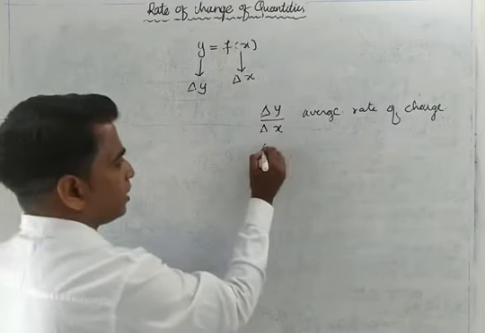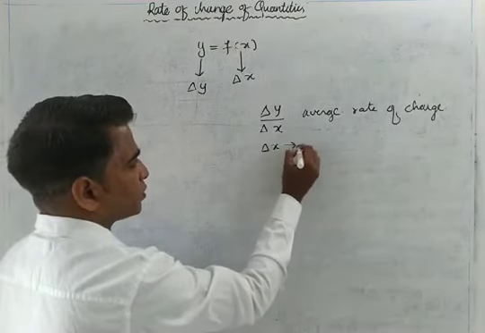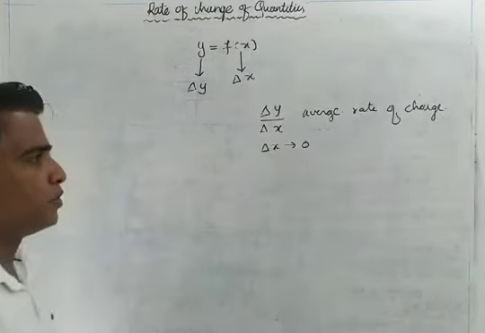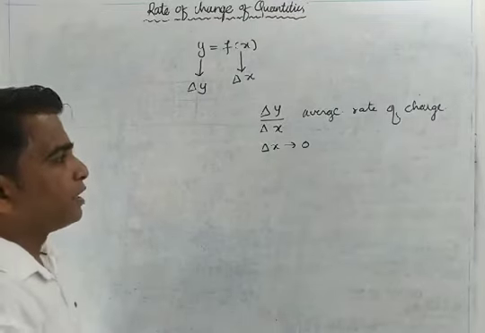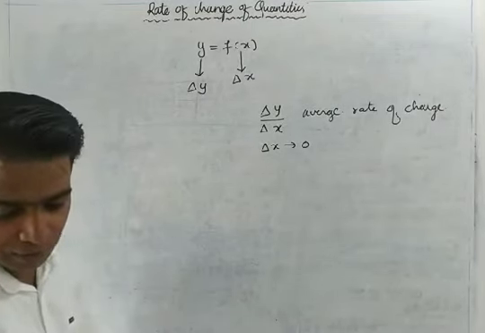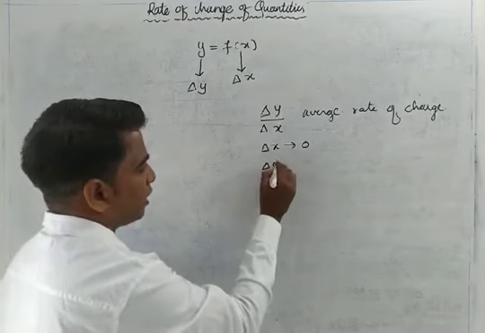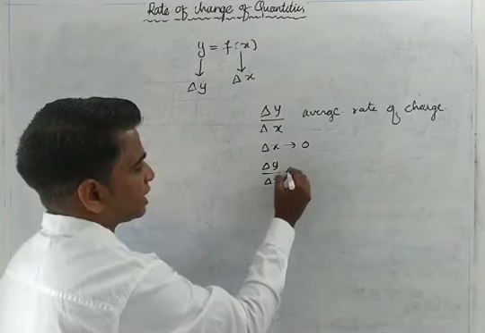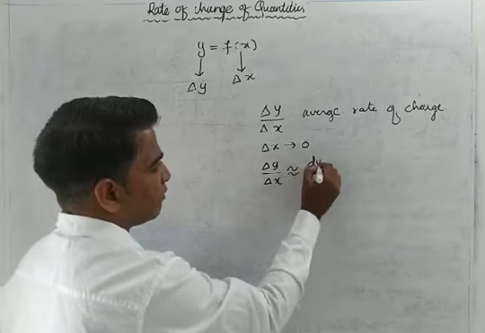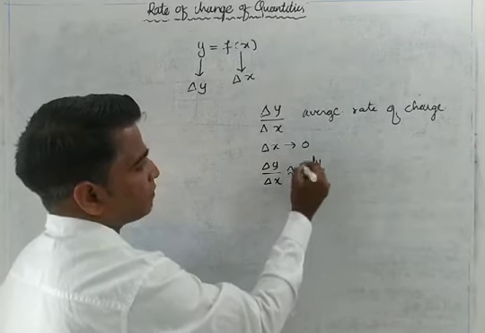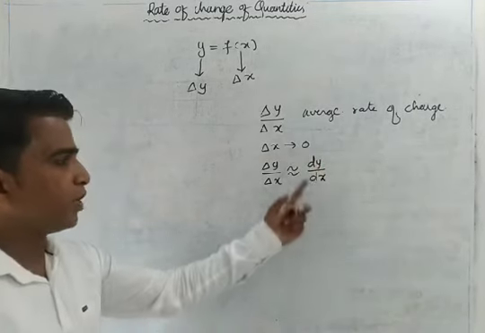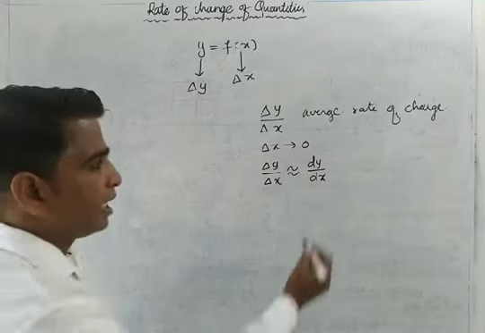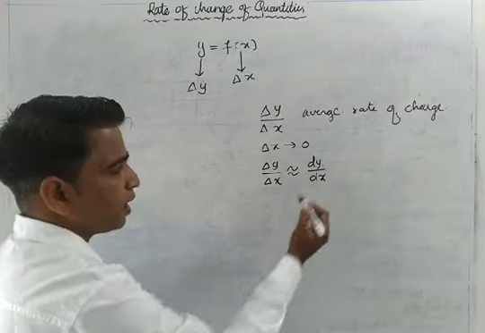However, let delta x tend to 0. We choose a delta x value that is almost close to 0. Then delta y upon delta x is approximately equal to dy by dx. And everyone is familiar with this notation dy by dx, that is the derivative of function y with respect to x.